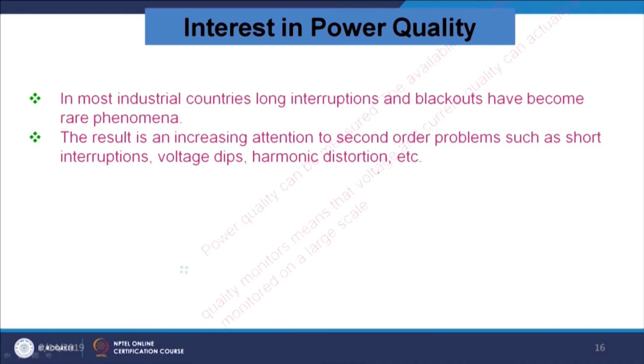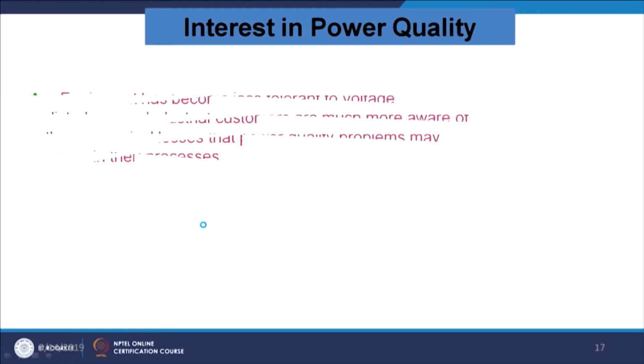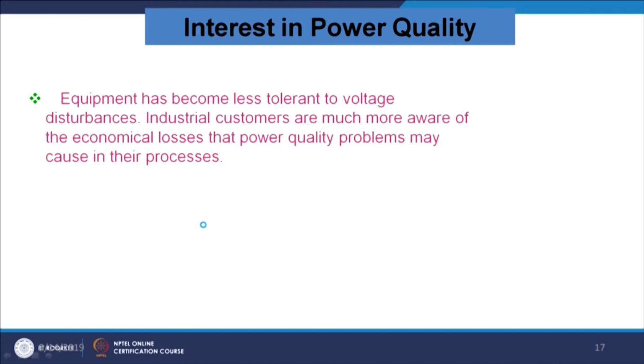So, now you go to the second level of challenges. Power quality can be measured. The availability of power quality monitors means that voltage and current quality can be monitored on a large scale. Equipment has become less tolerant to voltage disturbance, because due to cutthroat competition you cannot take a long margin of safety.